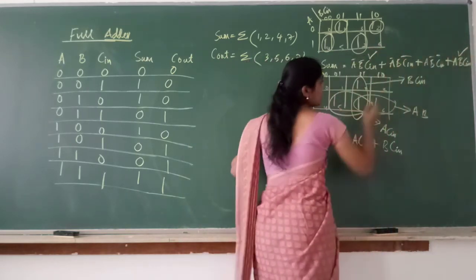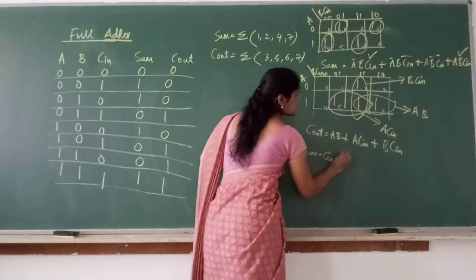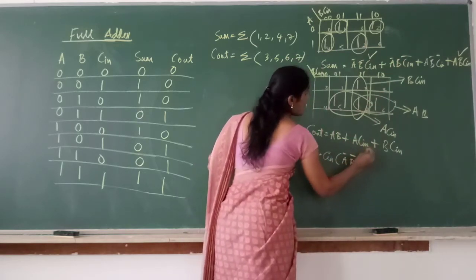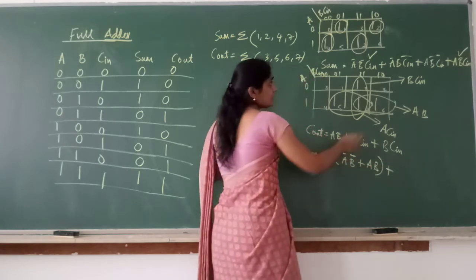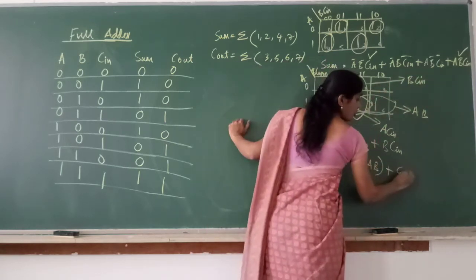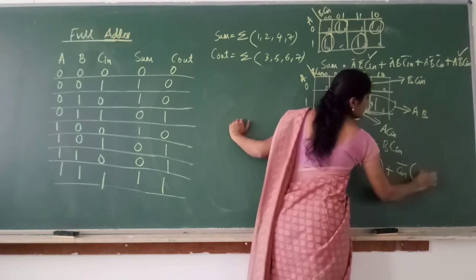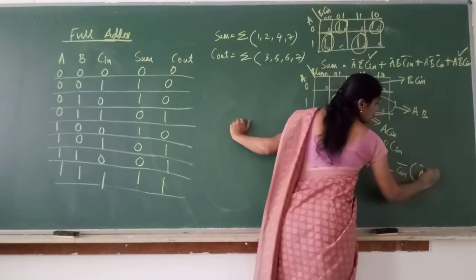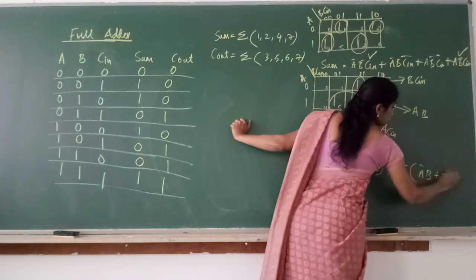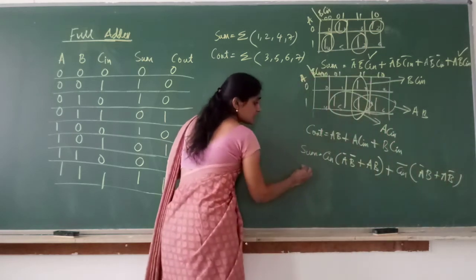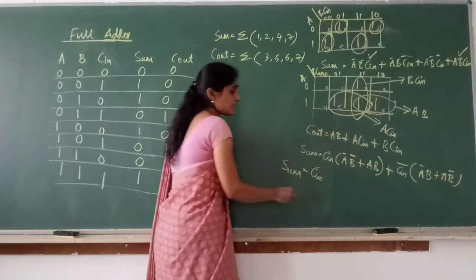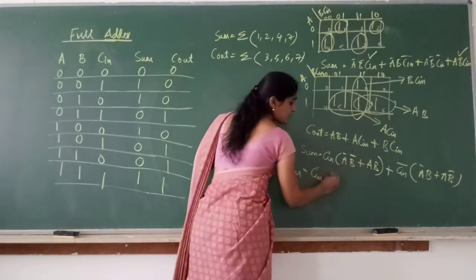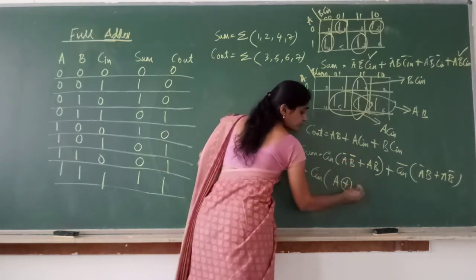If I take C in common, I get A bar B bar plus AB. These two you take C in bar common, and it will be A bar B plus A B bar. Now just look at the equation we are deriving for sum: C in into A bar B bar plus AB is A XNOR B.